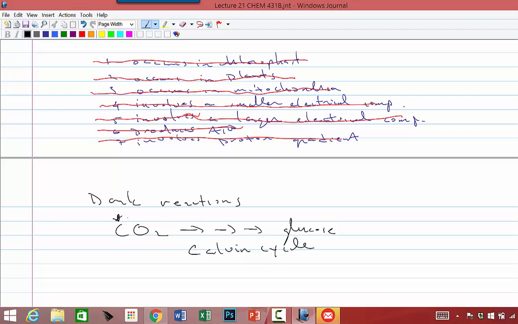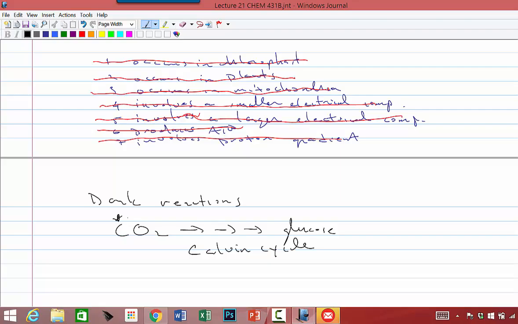And then we have the light reactions. Okay? Remember, we're trying to make NADPH and we're trying to make ATP using sunlight, right? And so we've talked about how water gets converted into oxygen. We talked about that in the Z scheme, and we've talked about how the NADP plus gets reduced to NADPH.